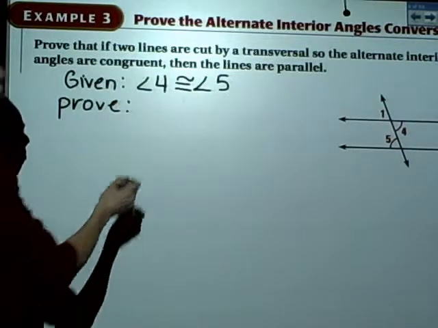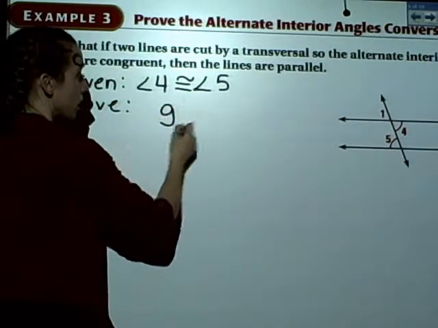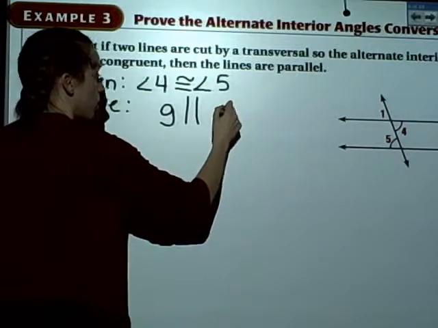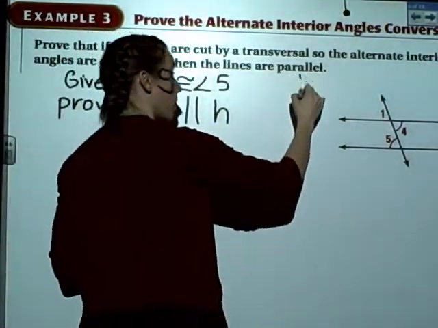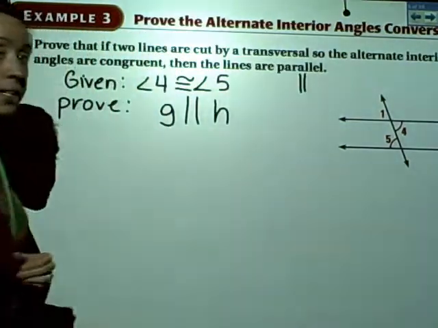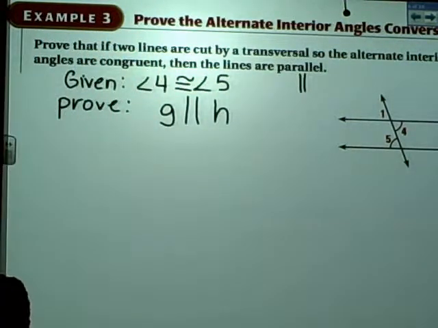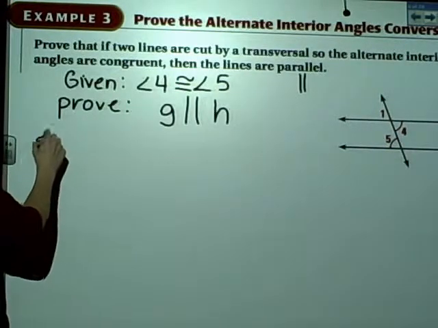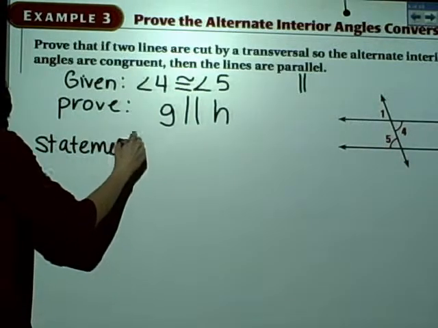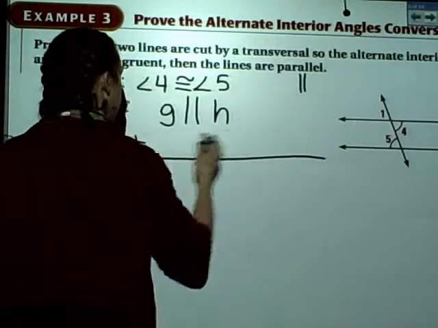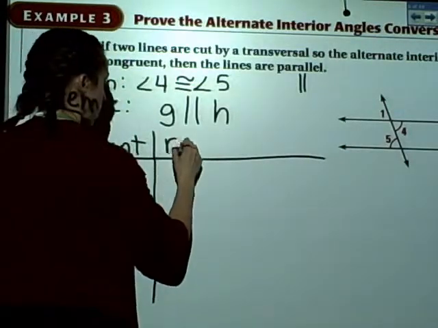So we are trying to prove that line G is parallel to line H. And don't forget, the symbol for parallel is two double lines next to each other like that. Now we are going to write our statement versus reason chart.